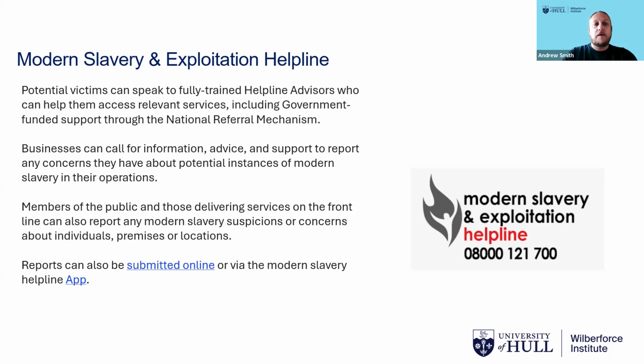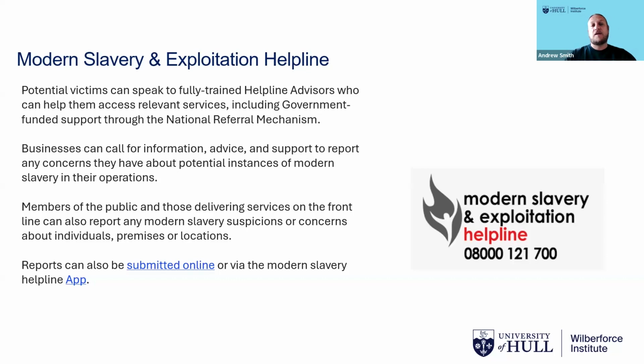And members of the public can also make calls to the Modern Slavery Helpline, either to report or just get some reassurance and advice on any suspicious activity, any concerns around individuals, premises, locations, that kind of thing. And the Modern Slavery Helpline also have an online reporting form, and they also have a very good app.